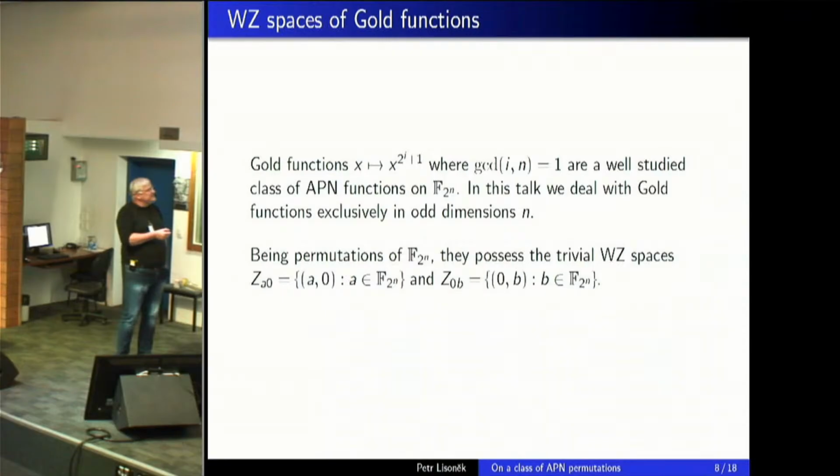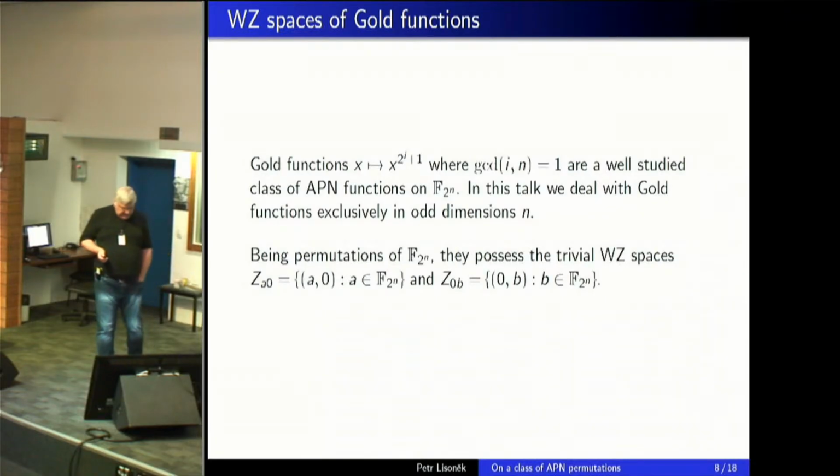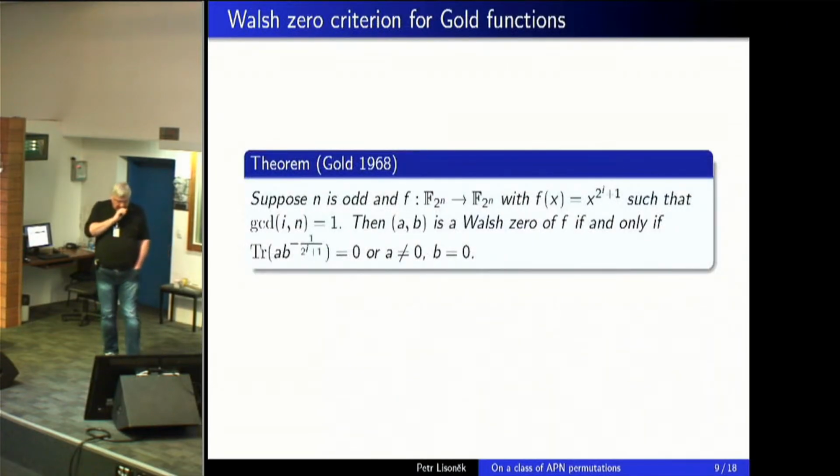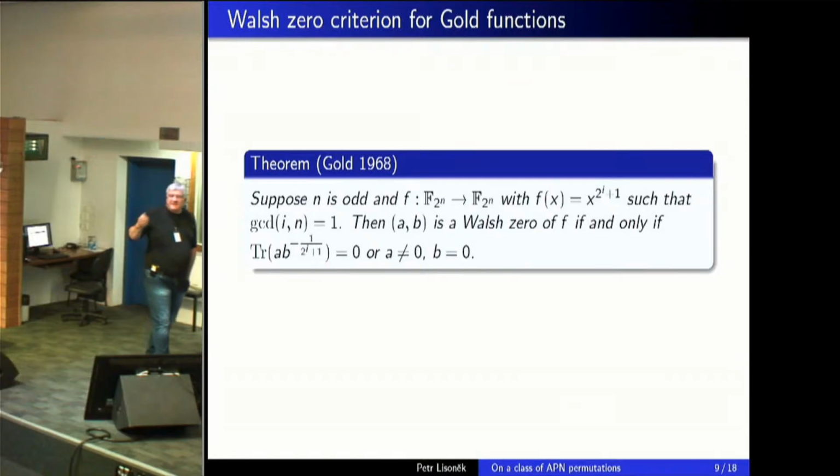So if your function is a permutation, then it has this WZ space. We need lots of WZ spaces and trivially intersecting pairs of them to do what we want. So let's get that done first.